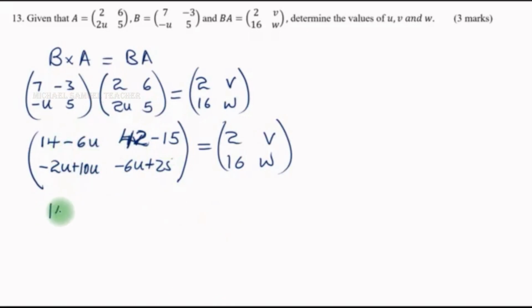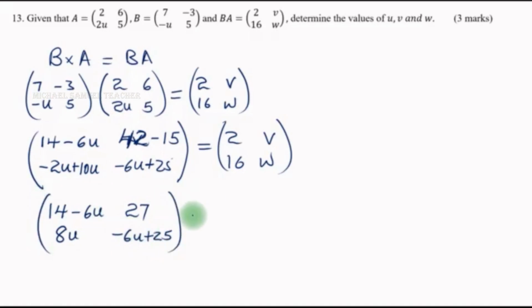So let me just simplify it. This will be 14 minus 6u, 42 minus 15, that is 27, then minus 2u plus 10u, that is 8u, and the other one is minus 6u plus 25, equal to 2, v, 16, w.